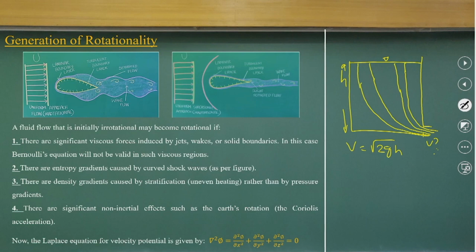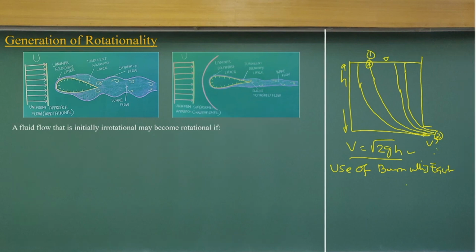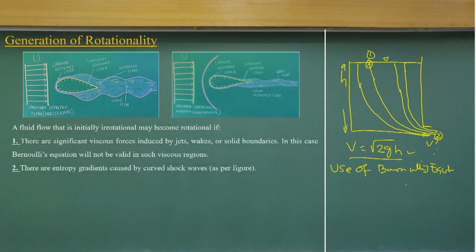Now, I can take a streamline, take points 1 and 2, and apply the Bernoulli equation to get the same relationship, V equal to square root of 2 g h.